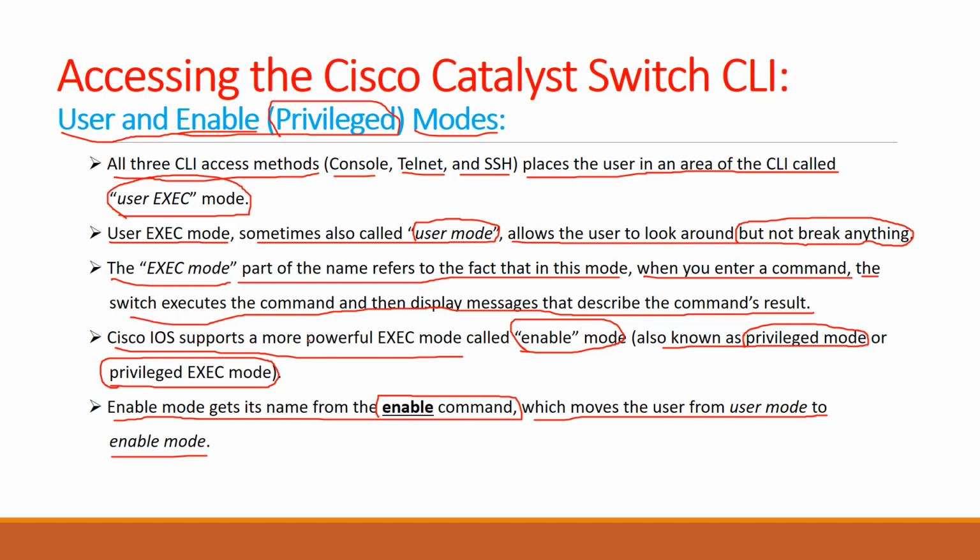So when you first access the switch through the console, Telnet, or SSH, you go to the user mode. And if you type the enable command, you will move to the enable mode.